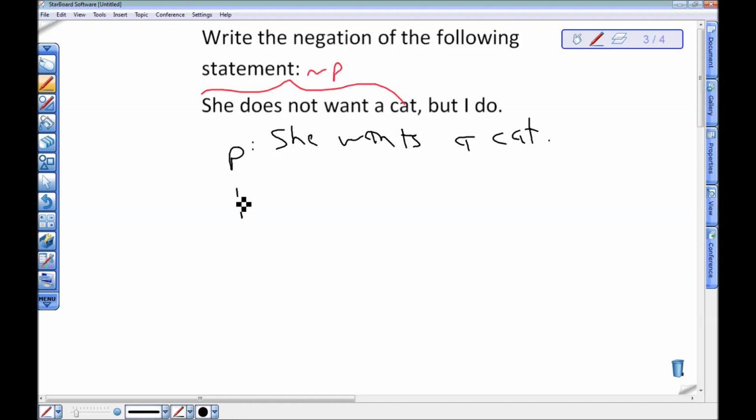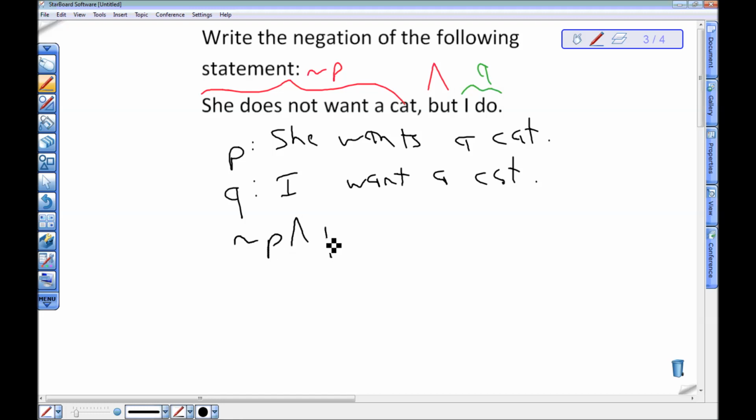I'm going to let Q then be I want a cat. So this here is Q, and in the middle I have the word but, which means and. So my original statement here is not P and Q.